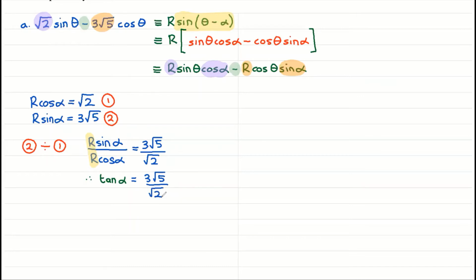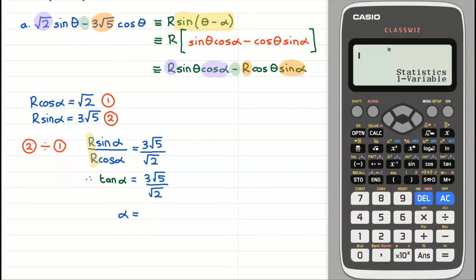Because alpha has that restriction on it, it's an acute angle between 0 and pi over 2. I can use the calculator and just write down what my calculator tells me, because the calculator will give me the acute angle always. So let's get the calculator out now. Make sure your calculator is set to radians. Let's do this.